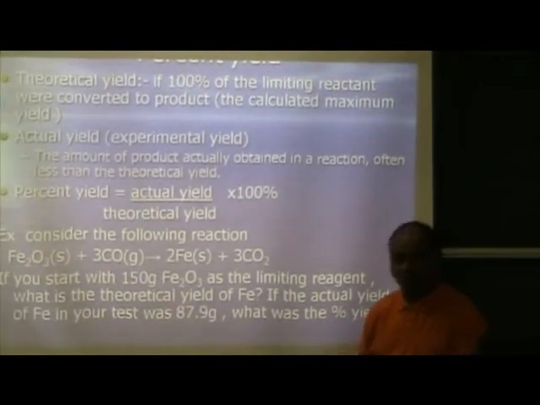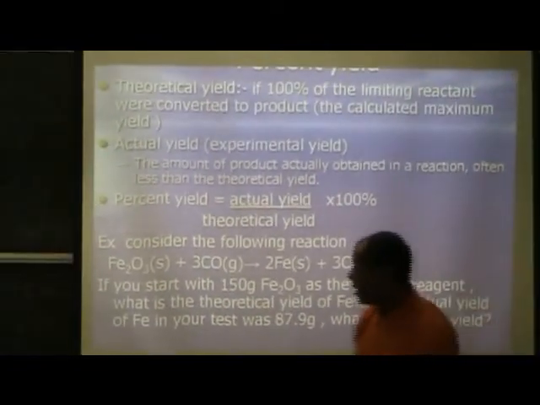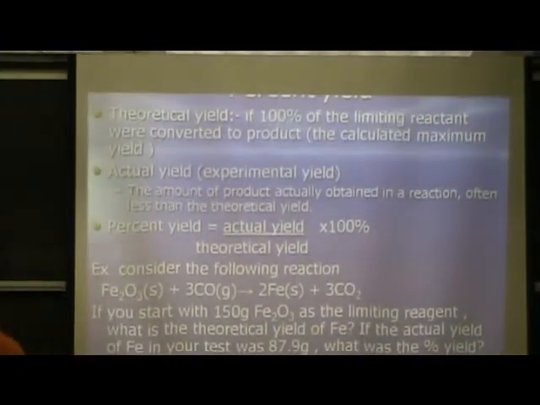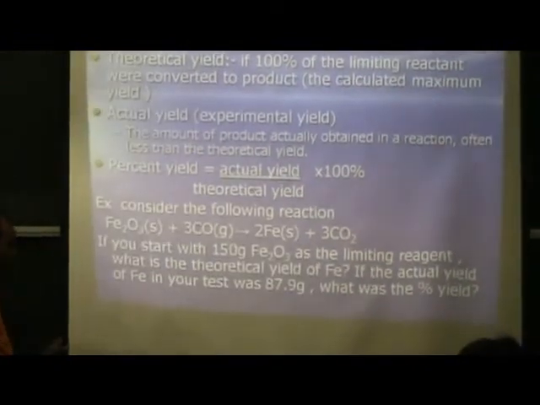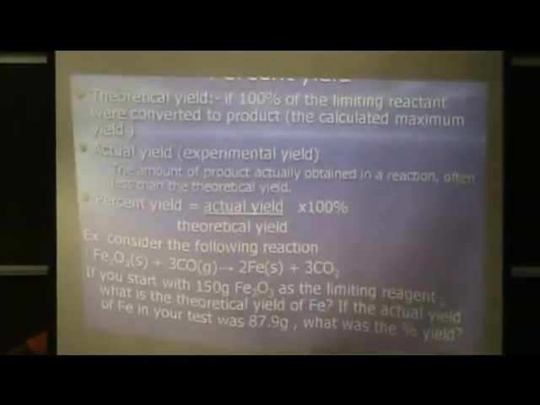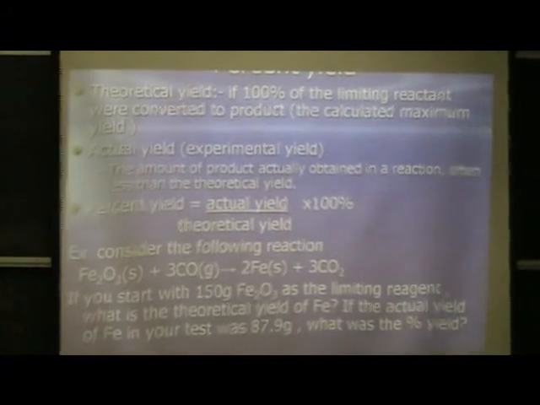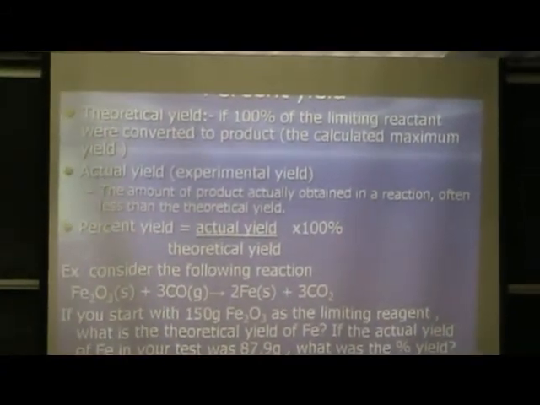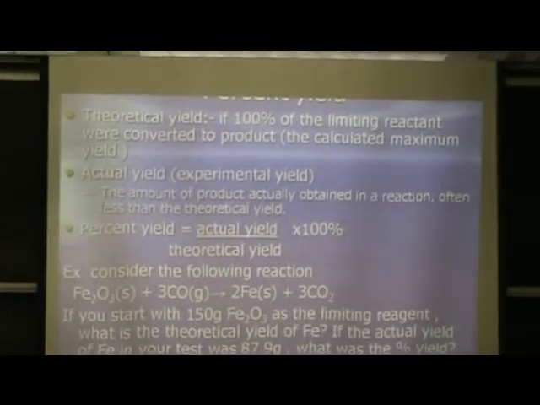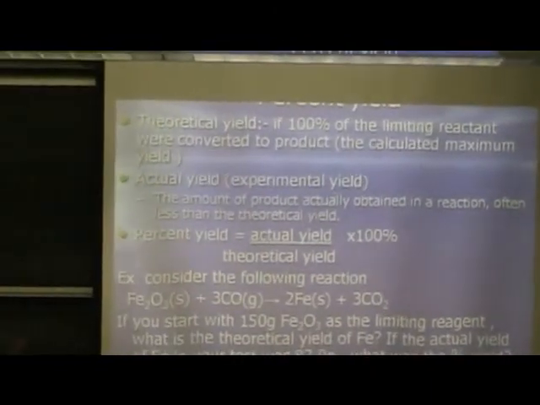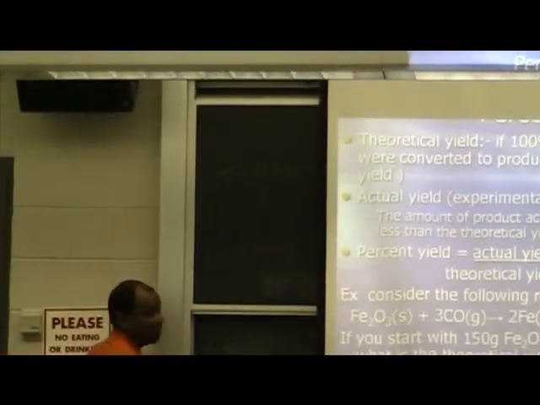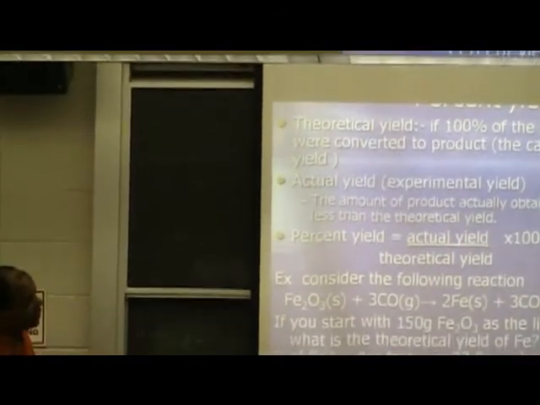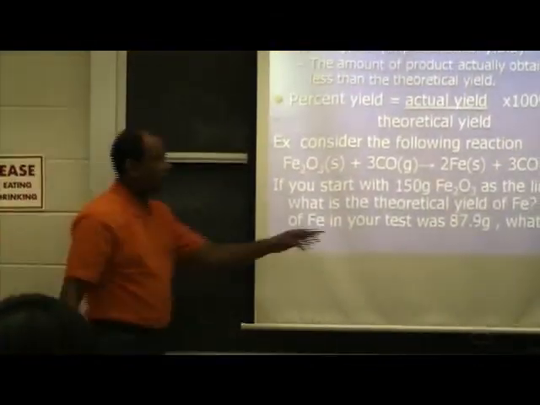So 160 grams of iron 3 oxide provides you how many grams of iron? 56 times 2, right?